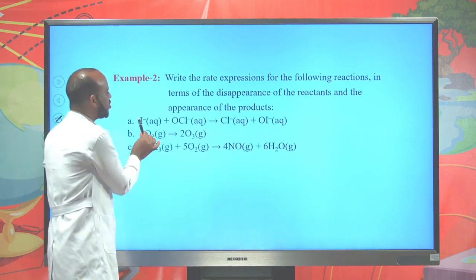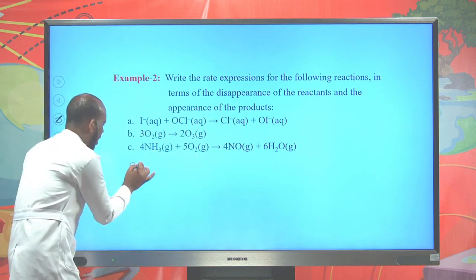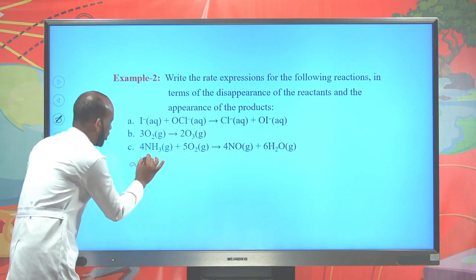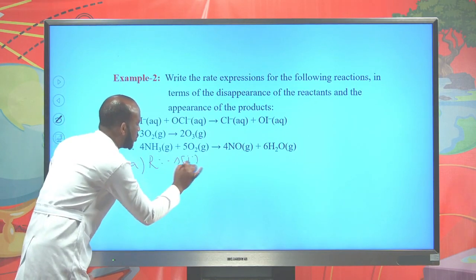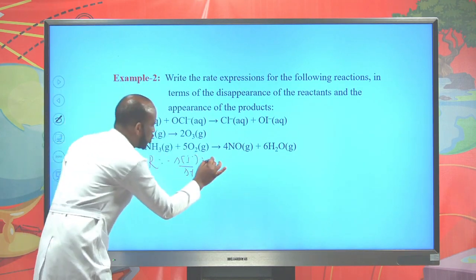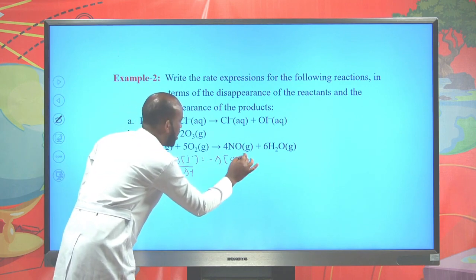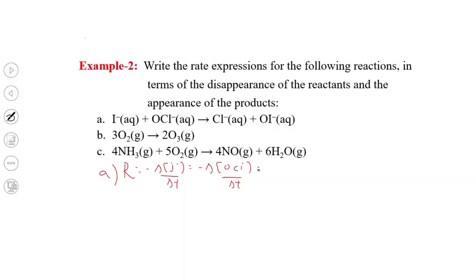Now, rate of this reaction in terms of reactants and in terms of products is written as: rate equals minus change in concentration of I minus divided by change in time, equals minus change in concentration of OCl minus divided by change in time, equals, in terms of product, plus change in concentration of Cl minus divided by change in time, equals change in concentration of OI minus divided by change in time.